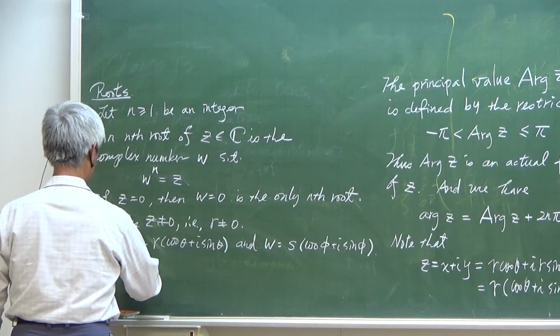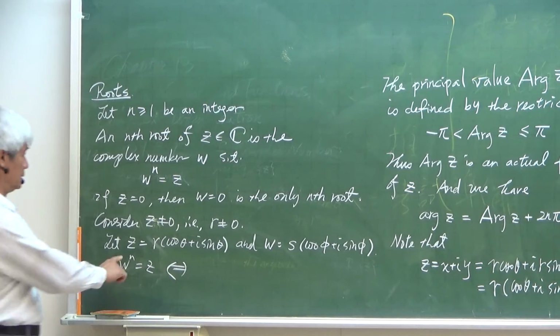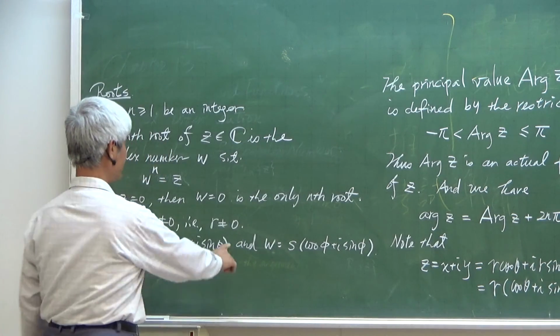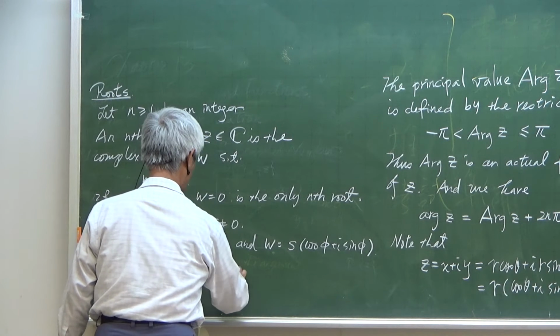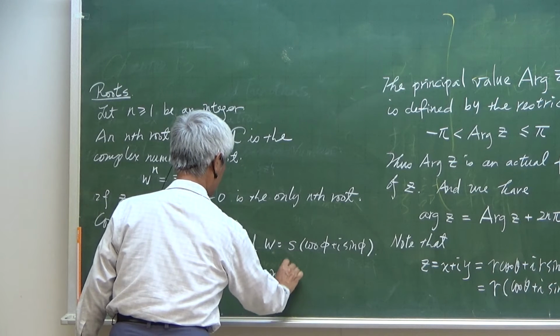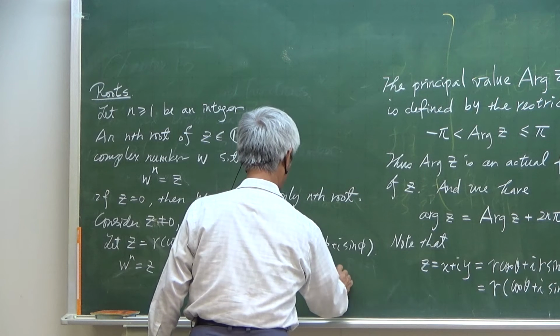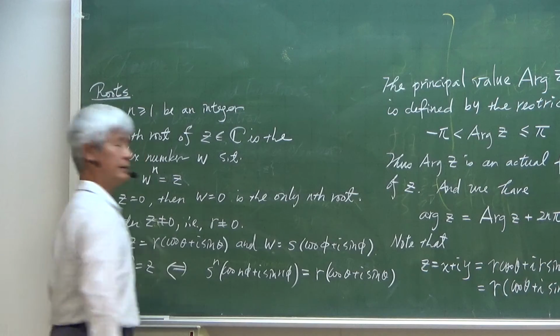Now the equation w to the n equals z implies that, so now we apply De Moivre's formula. De Moivre's formula gives us that s to the nth power times cosine n phi plus i sine n phi must equal r times cosine theta plus i sine theta.